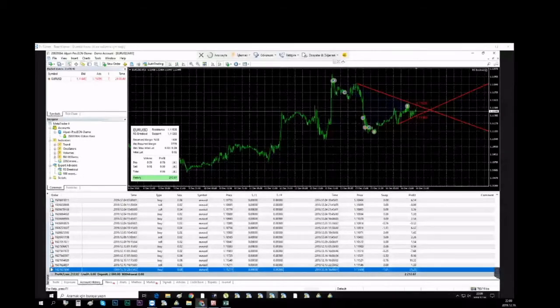I'm using this on euro dollar right now, but you can use it on major and minor currency pairs, also gold, Bitcoin, Dow, DAX. You can use every pair with this system.